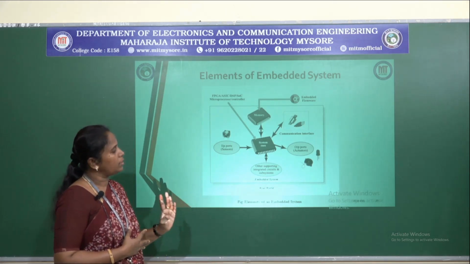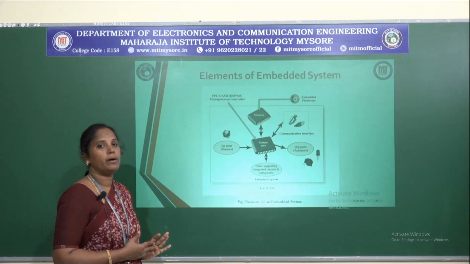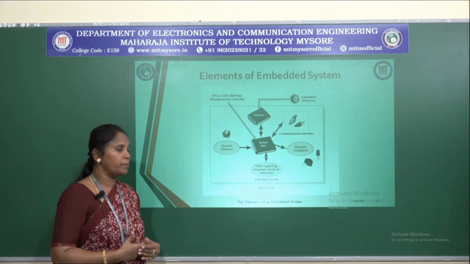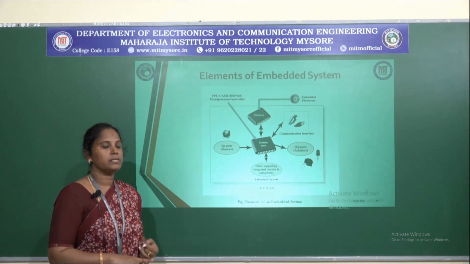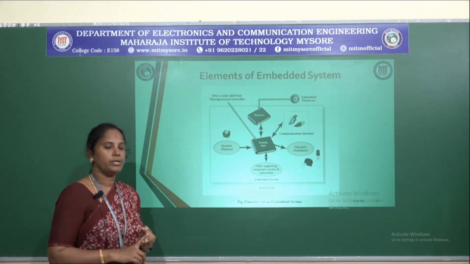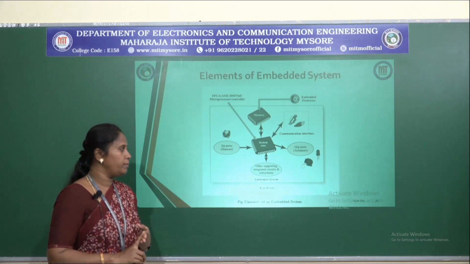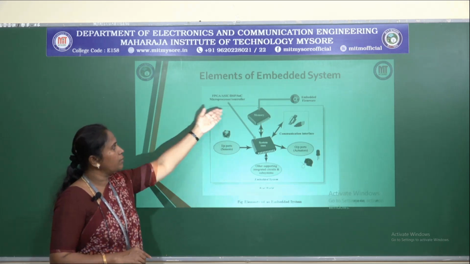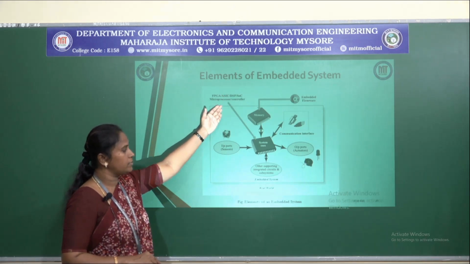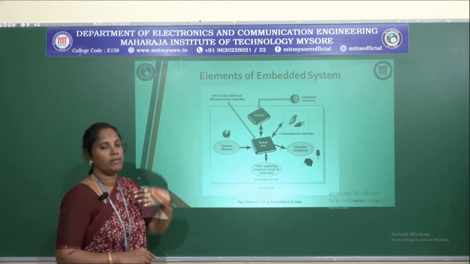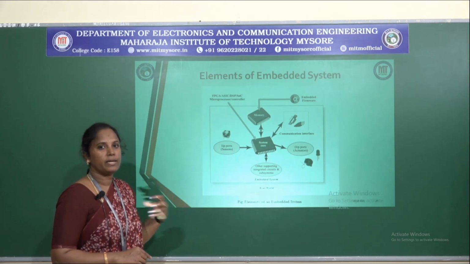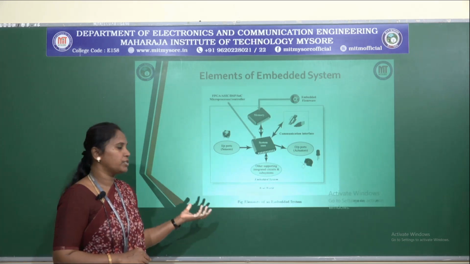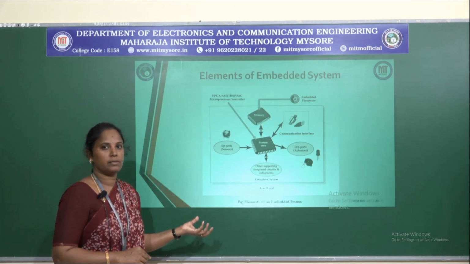So these are the main elements which are to be present in an embedded system: an input device, an output device, and a memory unit. The main heart of your embedded system is your system core, which can be any one of these, and if you want additional facilities connected, they can be interfaced depending upon what type of application you are designing.